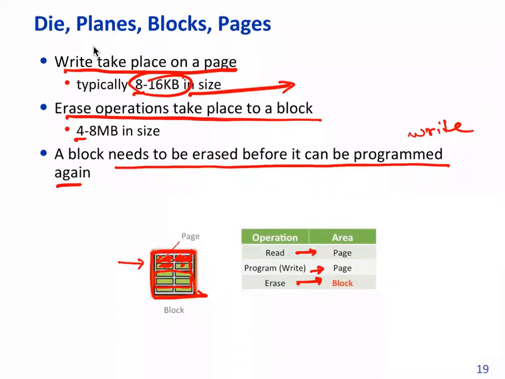Okay, and if you need to rewrite this data and it is in continuation with the data here which are valid, then you have to move everything to a new block. Then you can write, for example, the 4 which need updating, and the remaining 6 are the old ones.